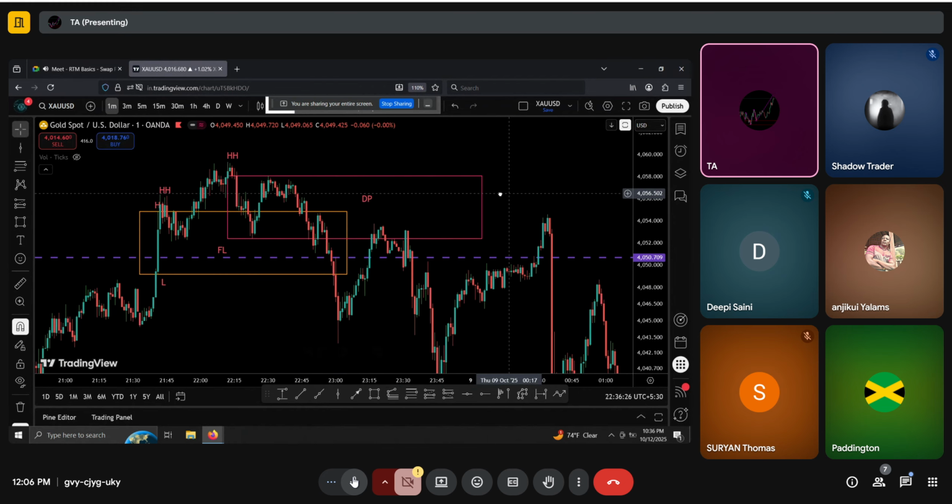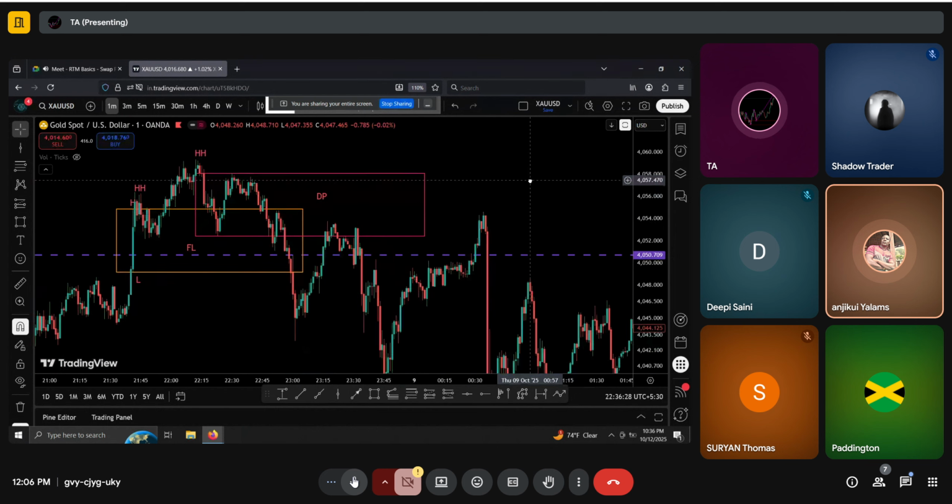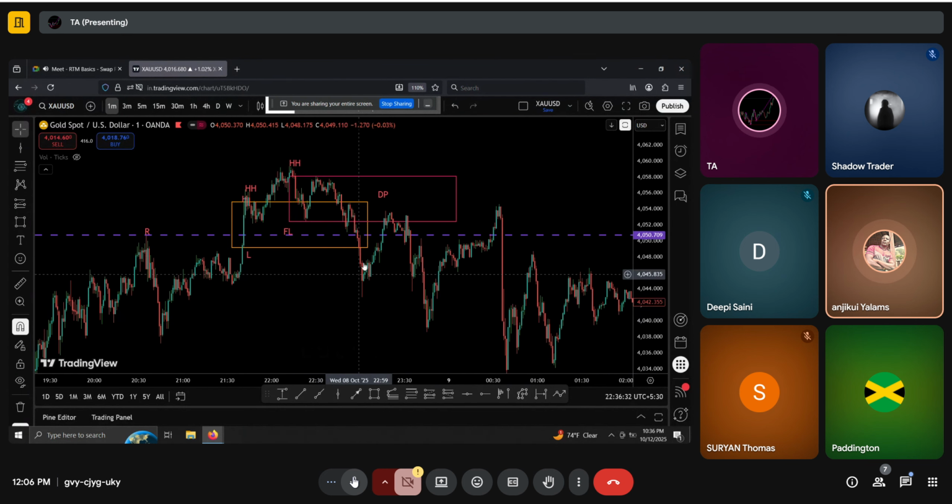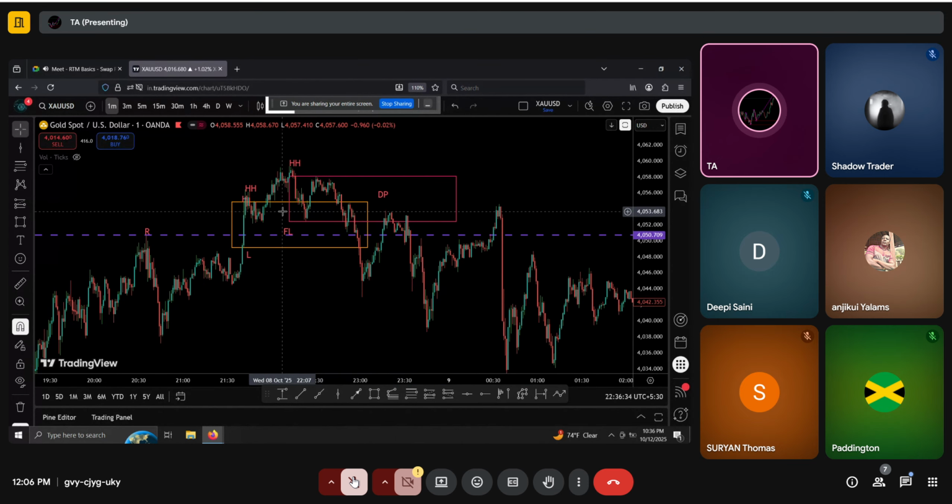This happened, yes. It barely went in, barely touched, and then traded down. It is touching just below the 50% of the DP, right?